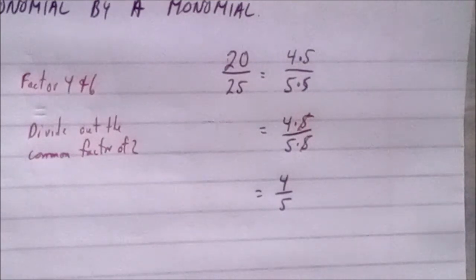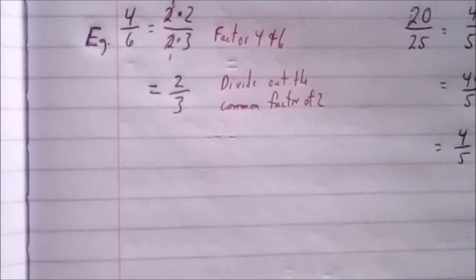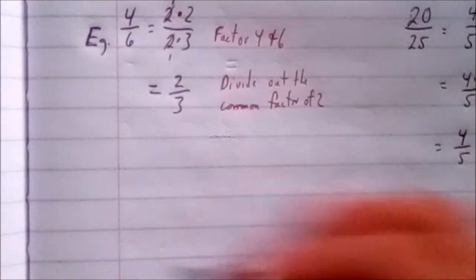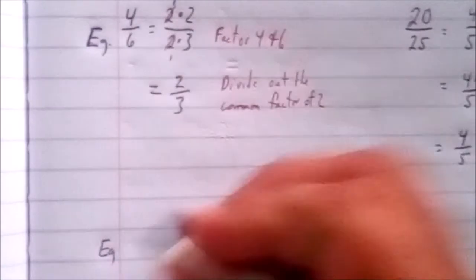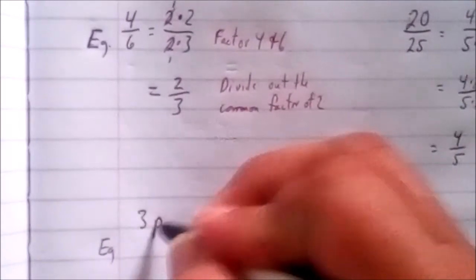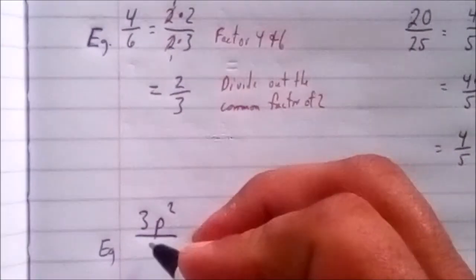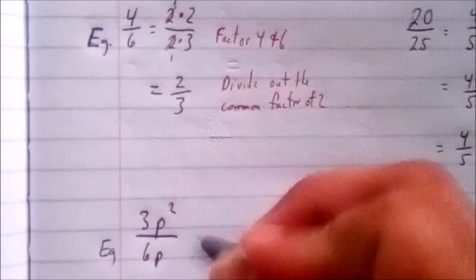We can use the same method to simplify algebraic fractions that contain variables. What does that mean? We are going to divide a monomial by a monomial. So let's put it to use. Say, for example, I give you 3p squared over 6p.